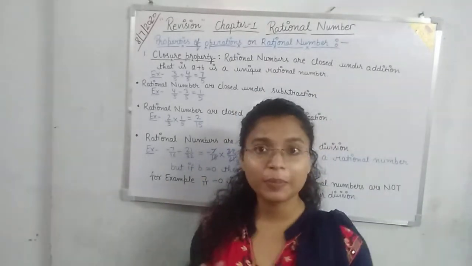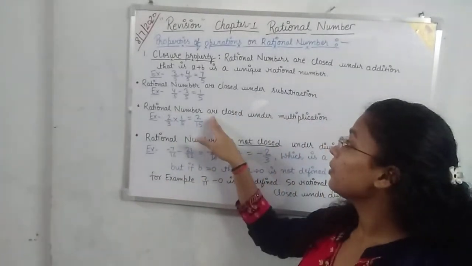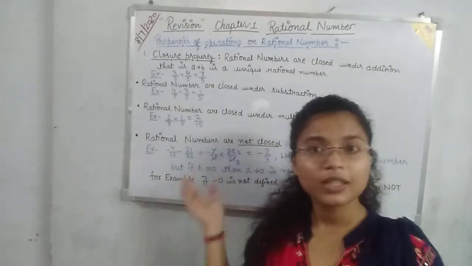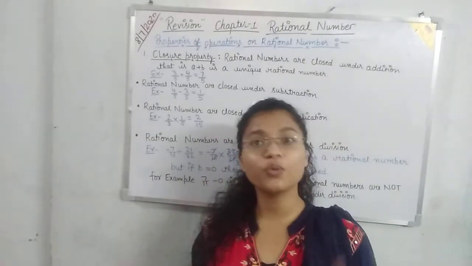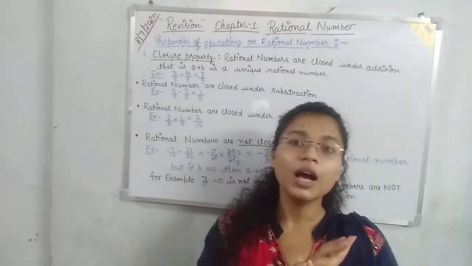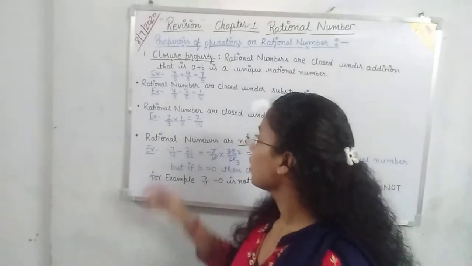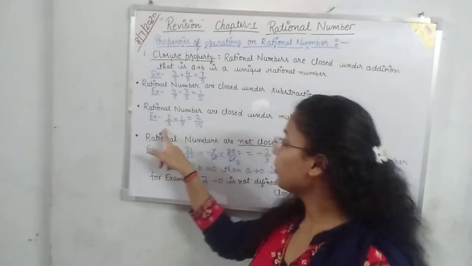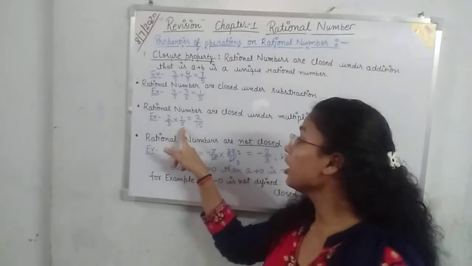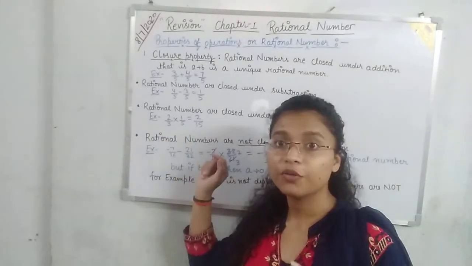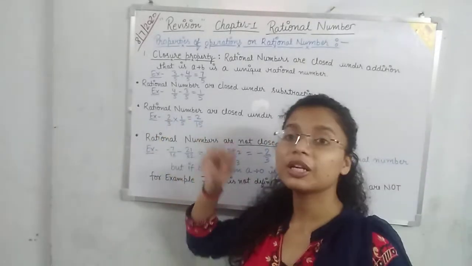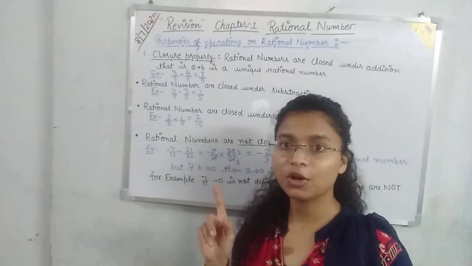Now for multiplication, rational numbers are closed under multiplication. Means if you multiply two rational numbers, again the result will be a rational number. 2 by 3 is a rational number, 1 by 5 is a rational number. If you multiply them, how will you multiply? First multiply the numerators and then multiply the denominators.